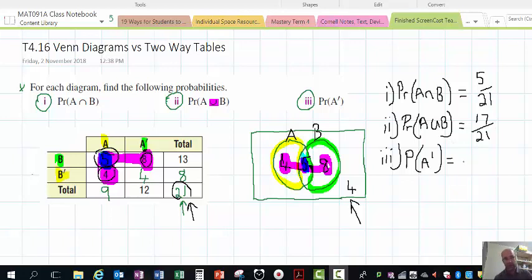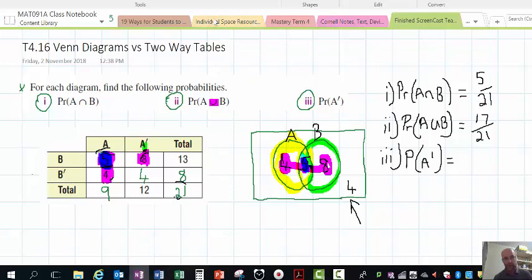Last one is the probability of not A. We need to look at what that means. Not A can't be anywhere in the influence of this circle. It's got to be purely outside of this circle in the Venn diagram. So it can't be the 4 and the 5. It's everything outside.